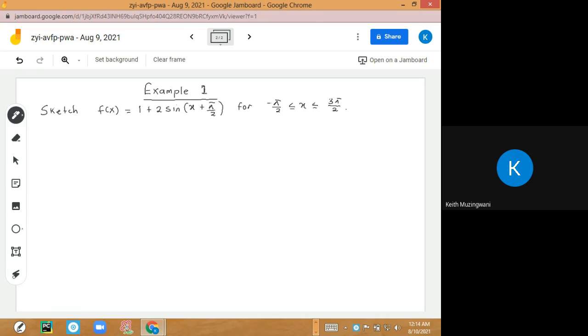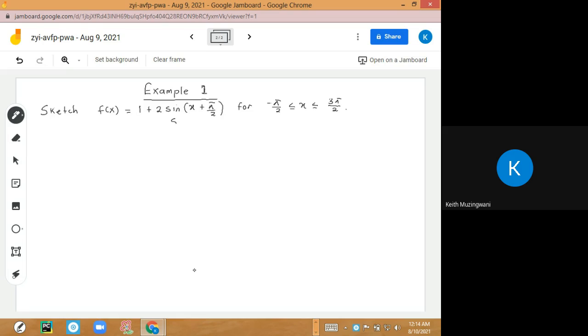Normally when they ask you to sketch, you'll be given the interval. And that is the interval. So you sketch within the given interval. If not given, which is a very rare case, you sketch within the period.